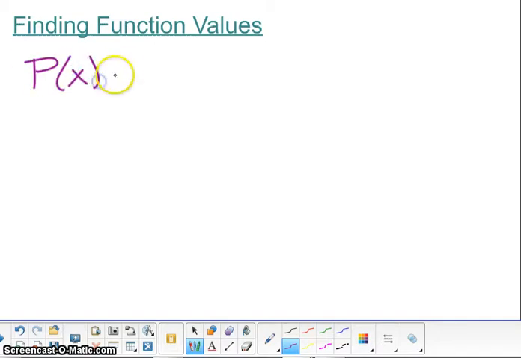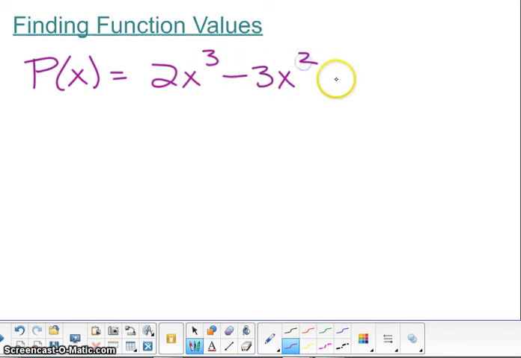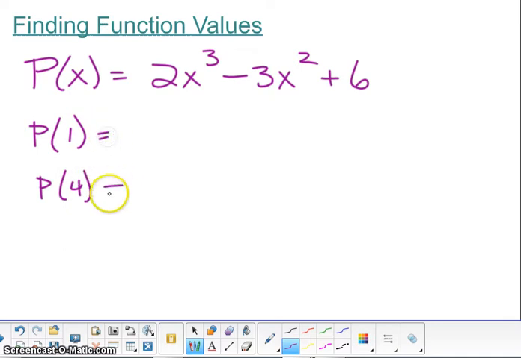What we're going to do in this section is take a polynomial, for example, p of x equals 2x cubed minus 3x squared plus 6. And we are going to find the function values of p of 1. Let's try p of 4. And the last one, p of negative 2.